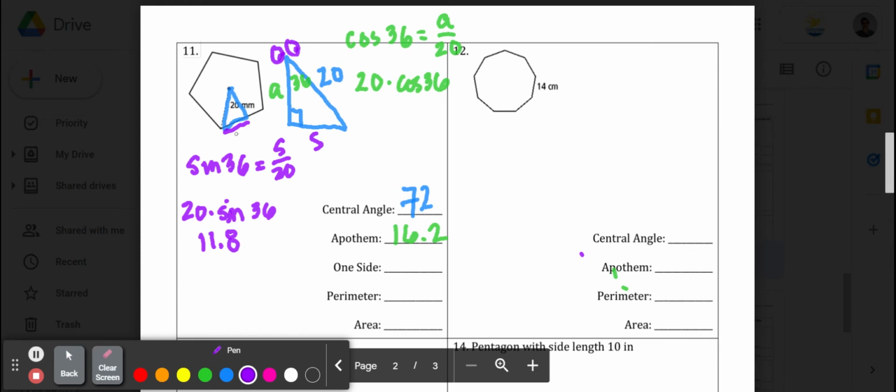And so that's going to give me about 23.6. So the whole side is 23.6. But we have to times that by 5. So that by 5 is going to give me 118. And then we just take the apothem, 16.2 times 118, and divide by 2.